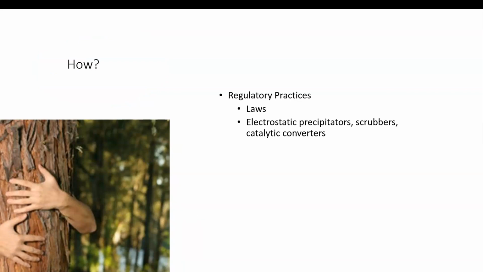Well, we can implement regulatory practices, so we can basically tell certain factories or power plants that they're only allowed to produce X amount of pollution, and they need to go below that or suffer fines or even get closed down. There are also some technological innovations we can apply to those areas, both point source and non-point source, and we'll talk a little bit about what each of those does in just a second.